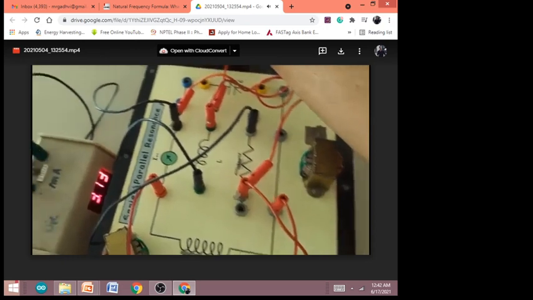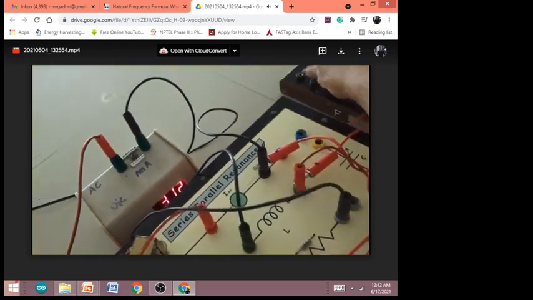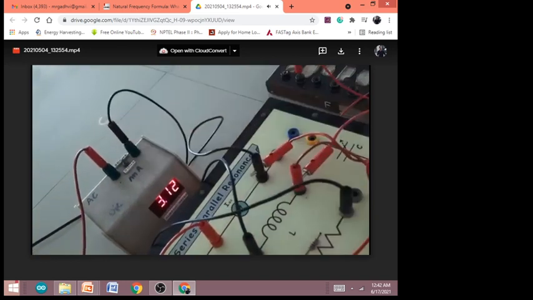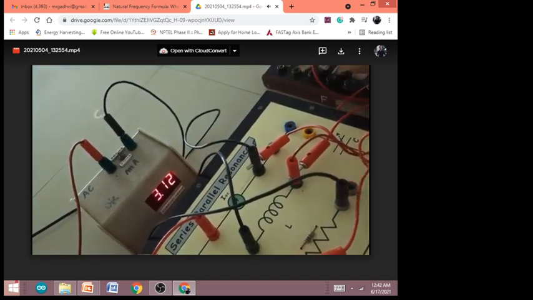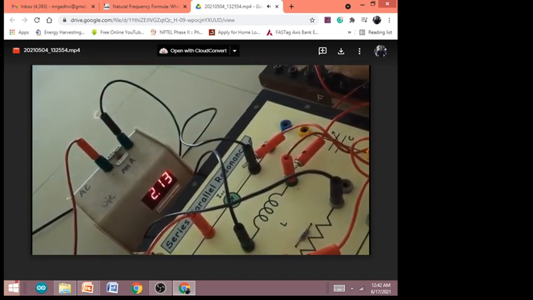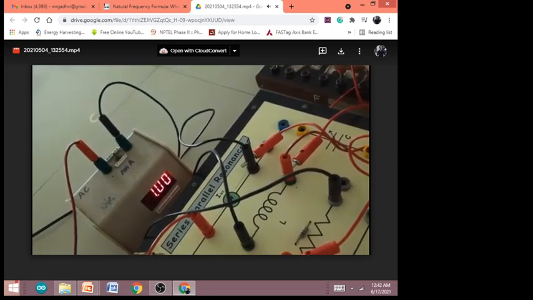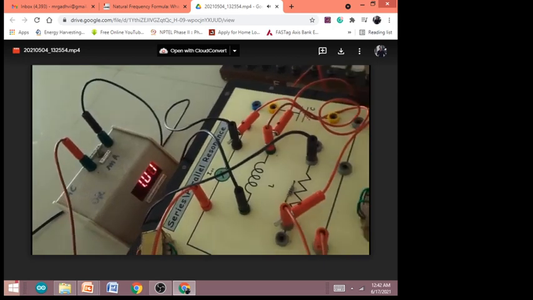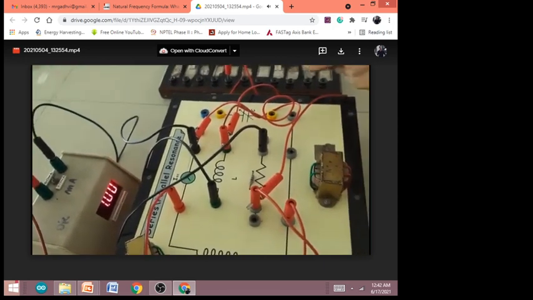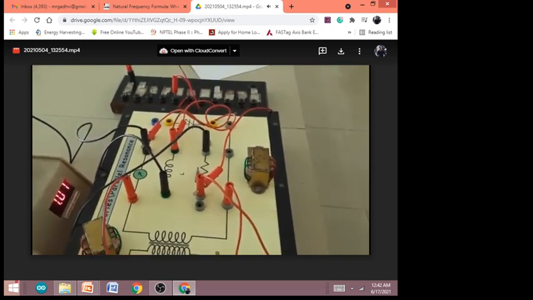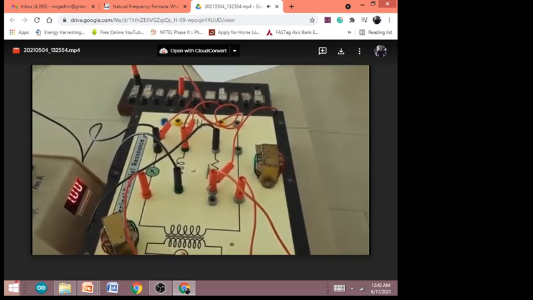You can look at the meter. This is 3.12, it is 212, it's 1.46, it's 1 O, and same way I can take all the readings and you will get a curve which is shown in the figure.